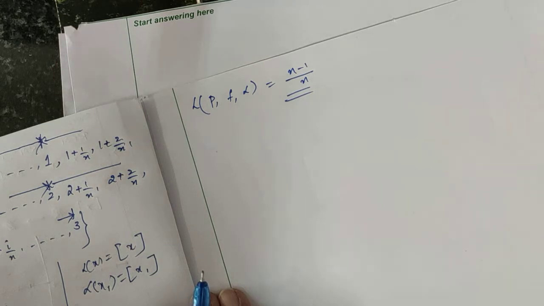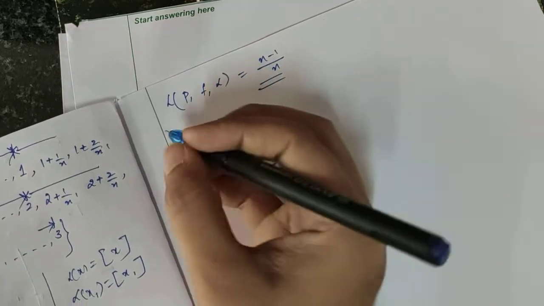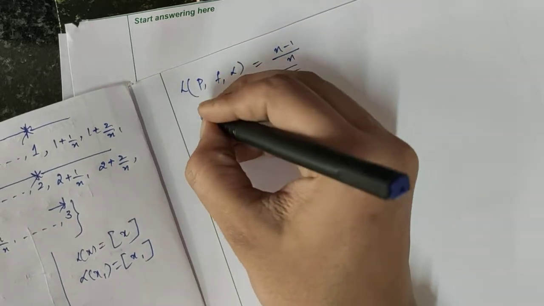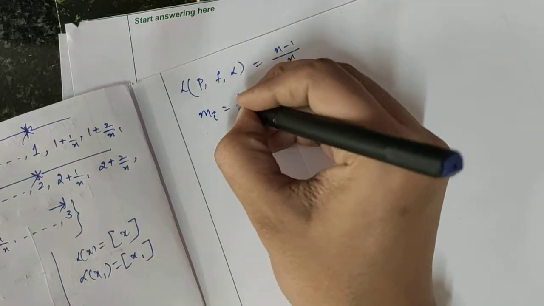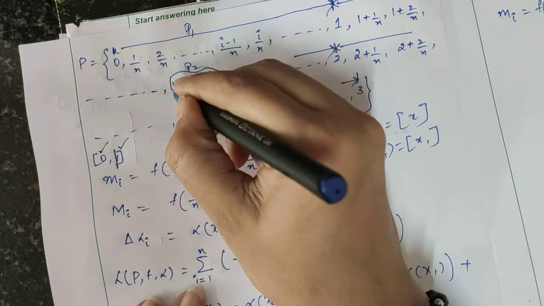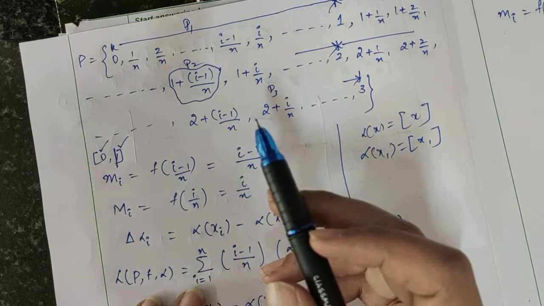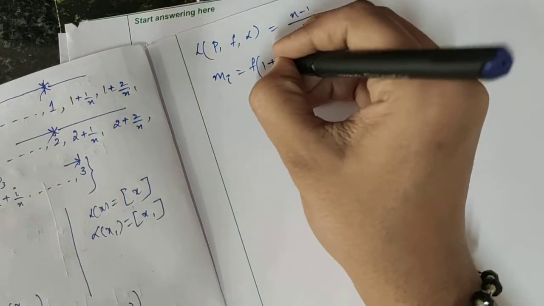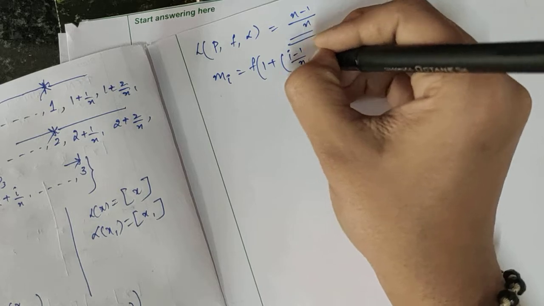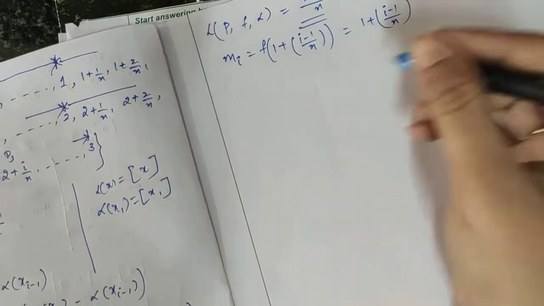Similarly, I have to find out L of p comma f comma alpha for the partition 1 comma 2 and then for 2 comma 3. So again, what is my infimum value? I have to consider f of it now because we are choosing the interval from 1 to 2, right? So you will be getting 1 plus i minus 1 by n itself.